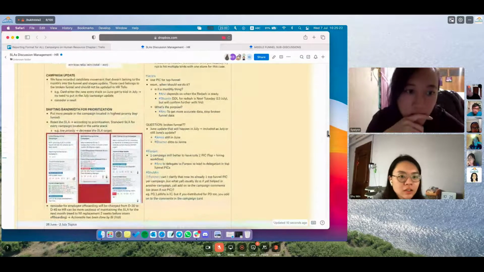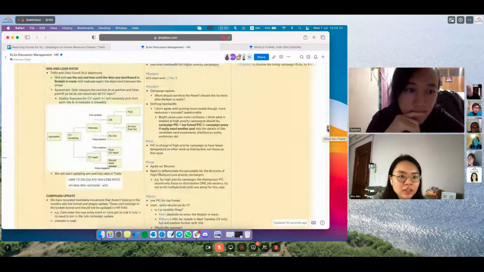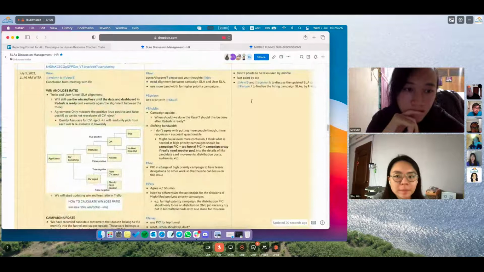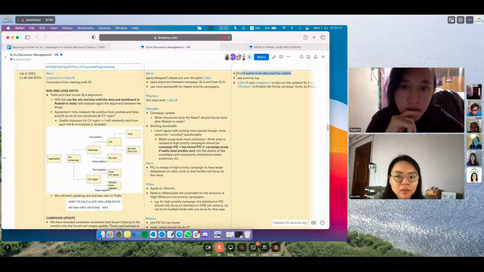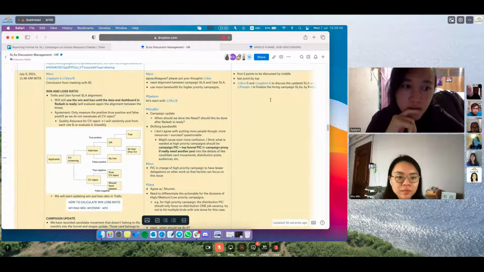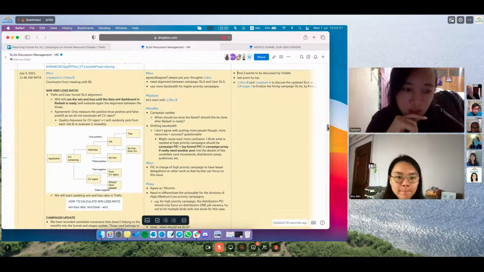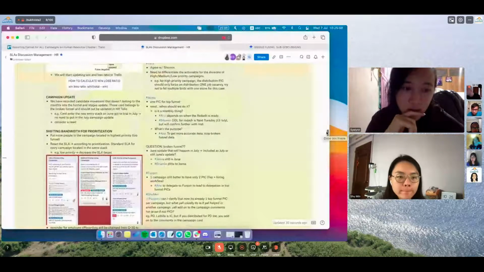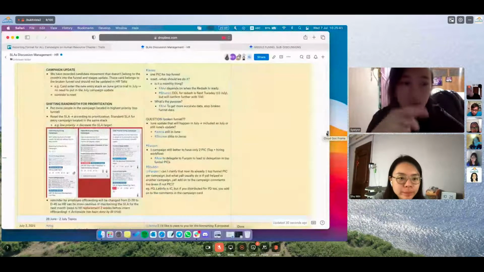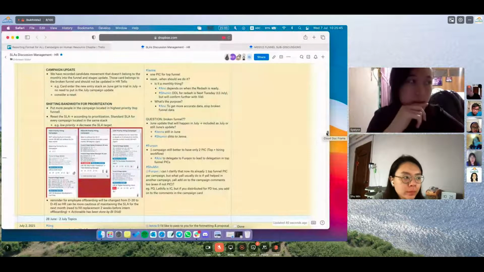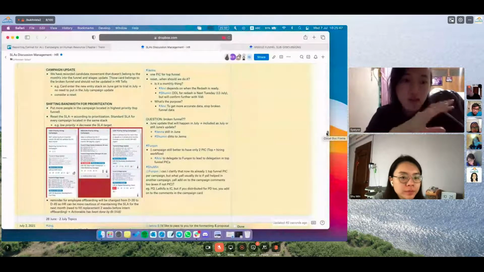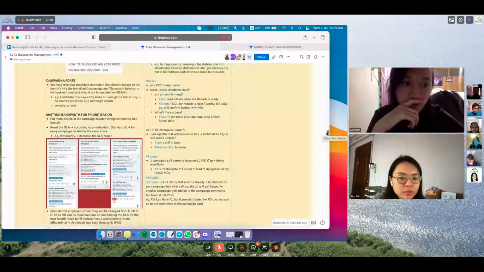For this discussion thread, the first two points to be discussed by middle. I think we already talked about the win-loss ratio, as well as the campaign update. And just now we also talked about the bandwidth for the prioritization, which is the priority SLAs, so three different SLAs for the three different priorities.